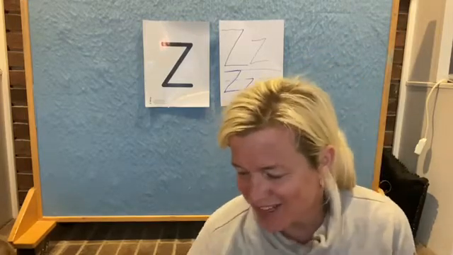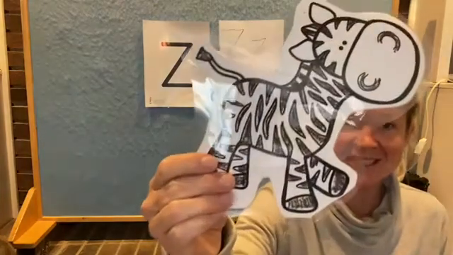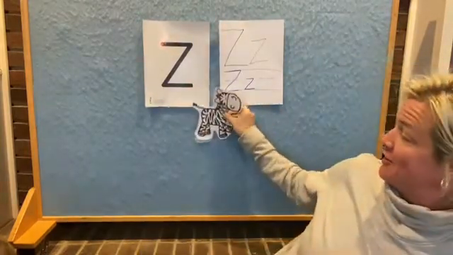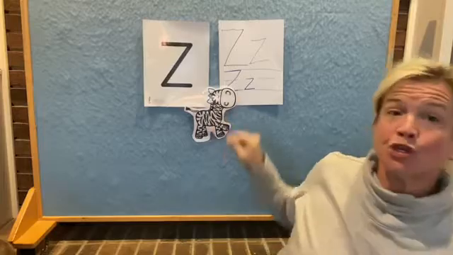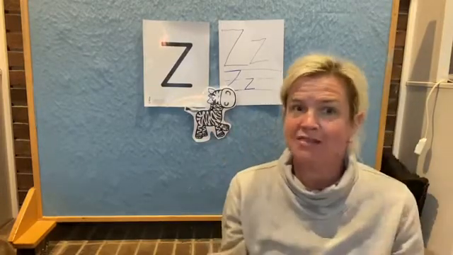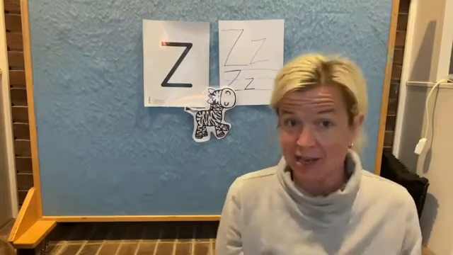That's right. If you said this animal, Zeke the zebra, then you are right. That begins with the letter Z. So zoo and zebra both begin with the letter Z, which is why I thought it was the perfect book to read for our week of talking about the letter Z.